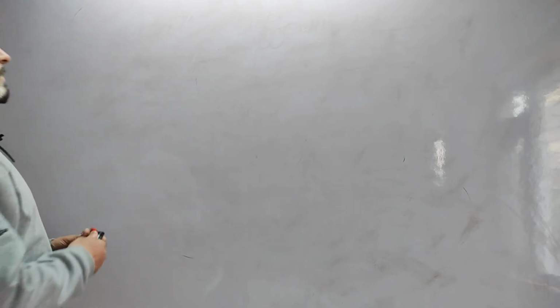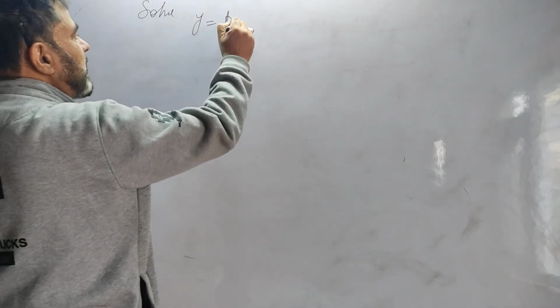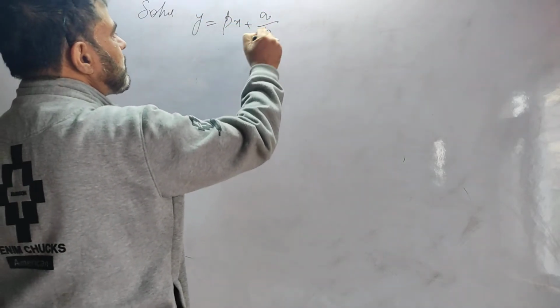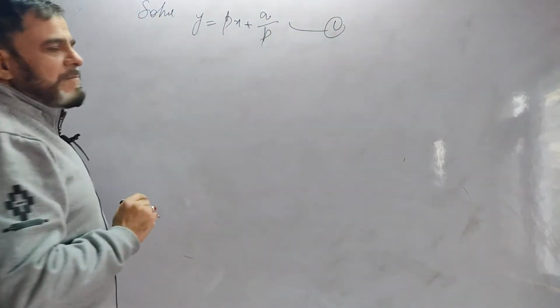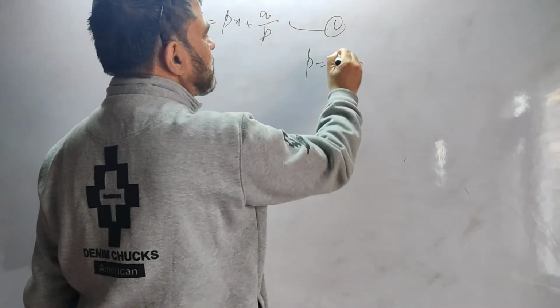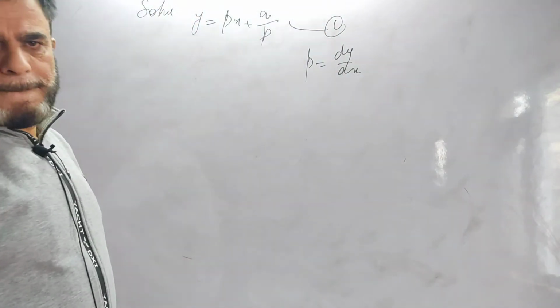Suppose you want to solve y is equal to px plus a by p. It is obviously a Clairaut equation where p is your dy by dx.